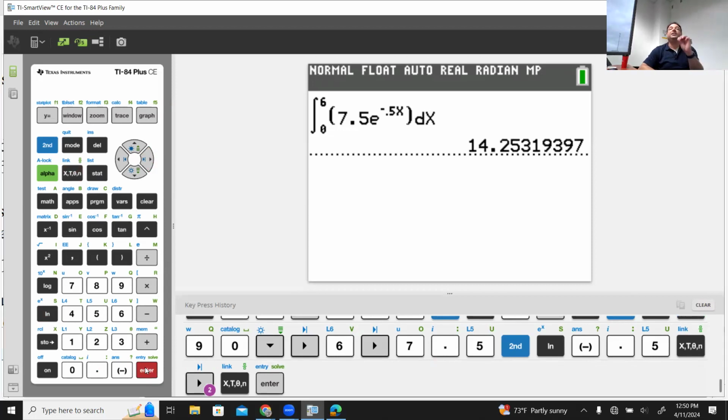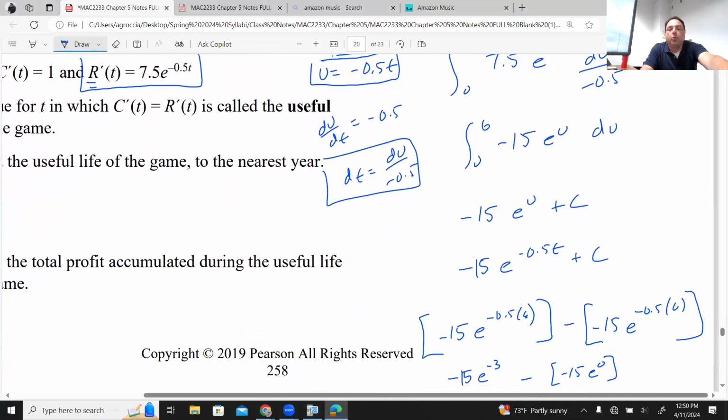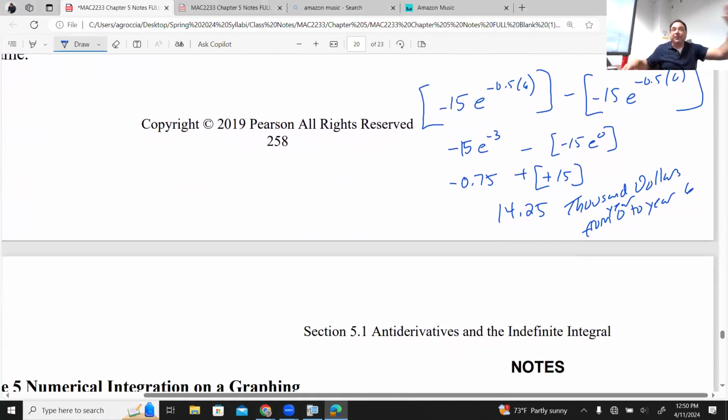Now, what we just found was the total revenue for all 6 years. What we just found was the total revenue, $14,250 or whatever, was the total revenue. Are we okay? The last part, which we're not going to cover, but I'll just give you a hint. The last part would say, oh, different question. What if I wanted the average over 0 to 6?